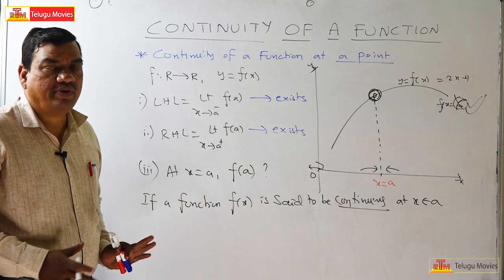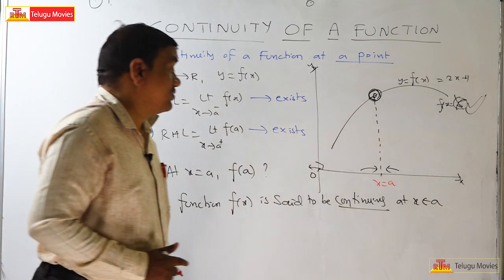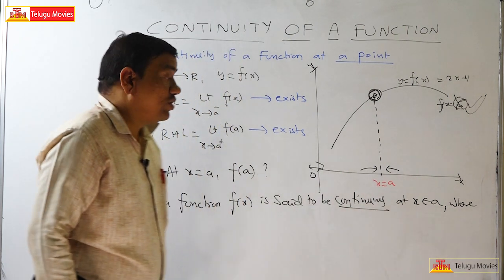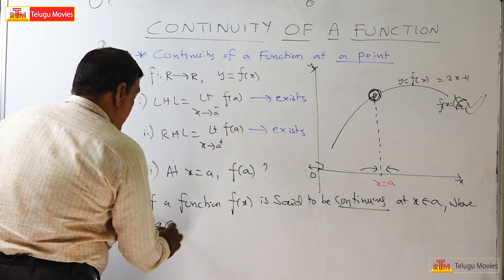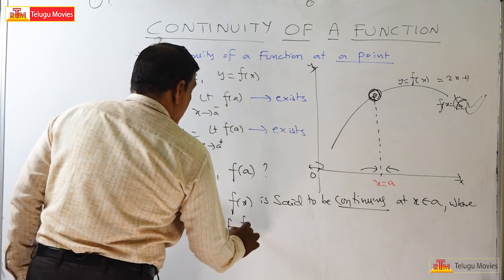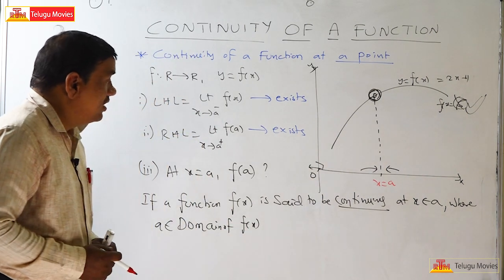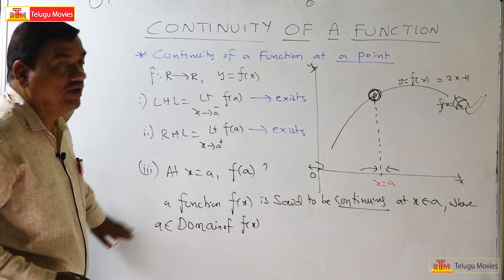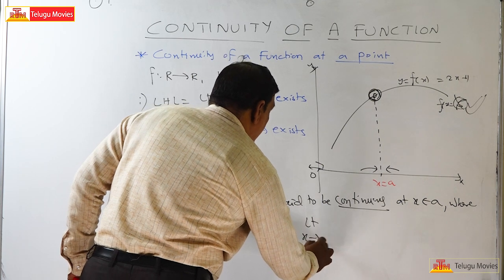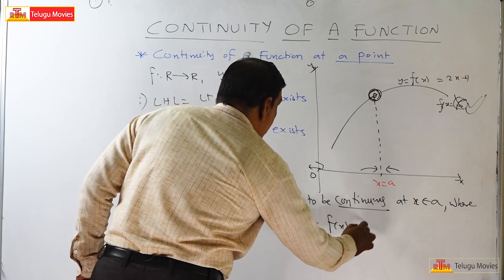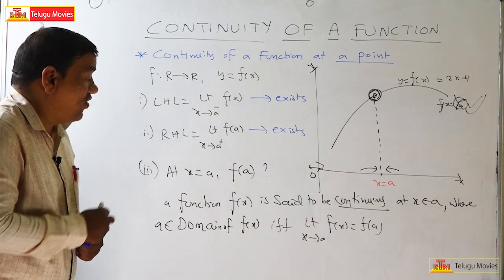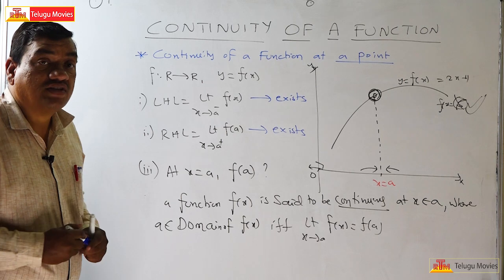This is very important: where a belongs to the domain of the function, f of x is said to be continuous if and only if, we can write as a conditional statement, the limit as x tends to a of f of x is equal to f of a.